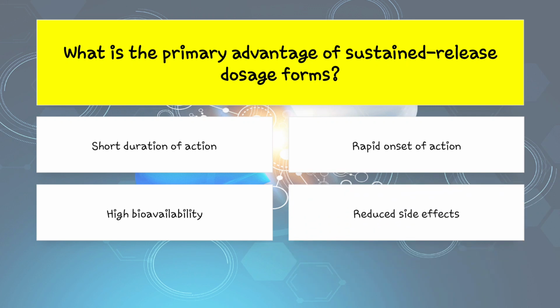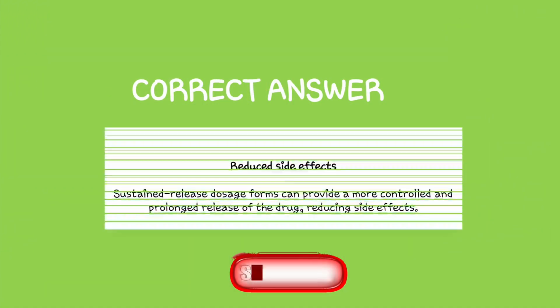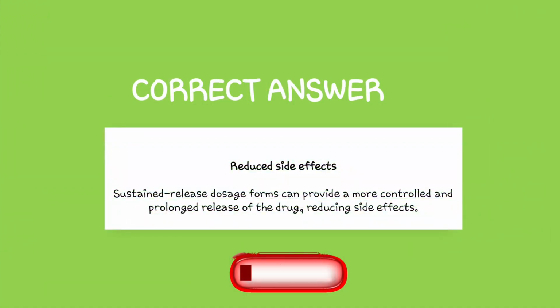Your time starts now. Stop. The correct answer for this question is reduced side effect. So sustained release dosage form can provide a more controlled and prolonged release of drug, reducing side effects.